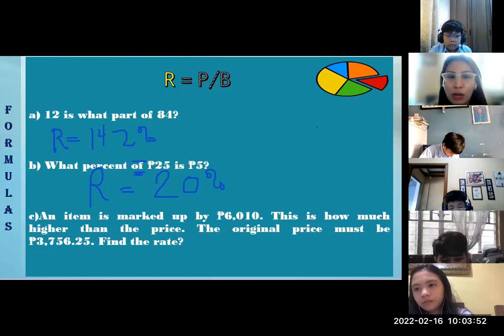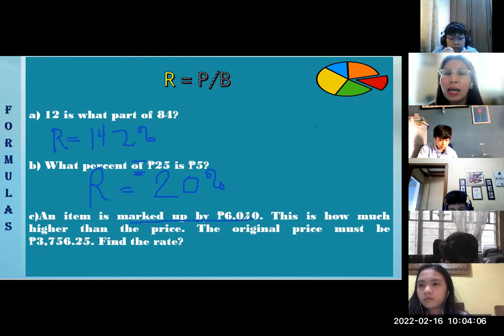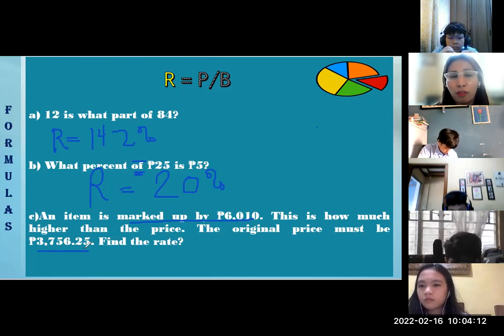Okay, thank you. So, ang sabi dito, di ba, mark up, nadagdagan siya ng 6,010. Okay, sige. Explain ko lang yan para mas maintindihan. Mark up by 6,010. So, from 3,756.25, naging siya, ang pricing ay 6,010.